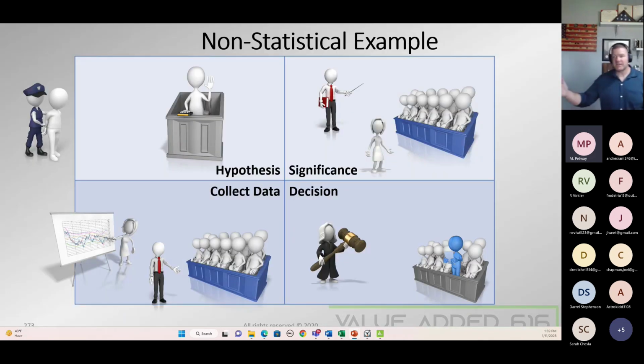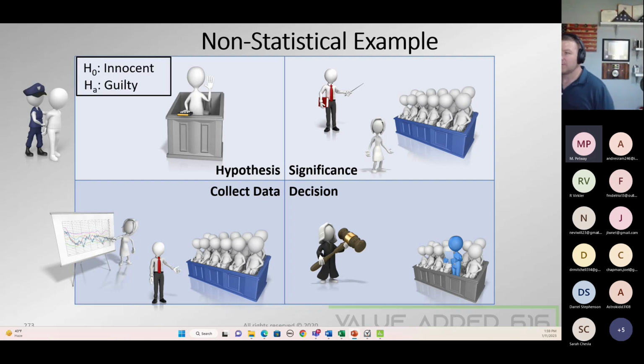First thing is they come into trial, and you have your hypotheses. What are your hypotheses? Well, your null is that they're innocent. The alternate is that they're guilty. Pretty simple. We set our confidence and ask how confident we want to be.